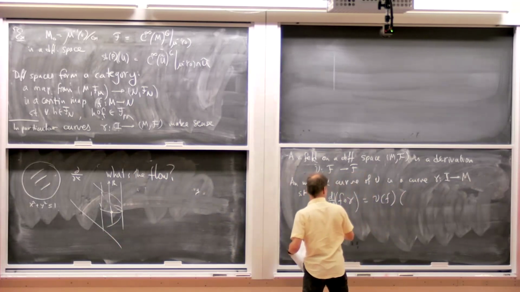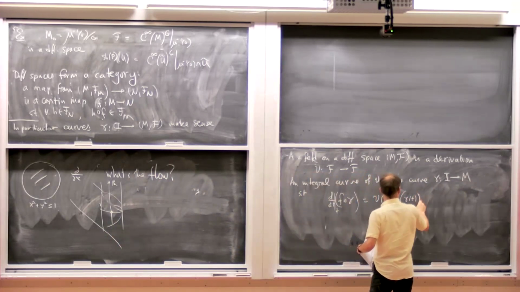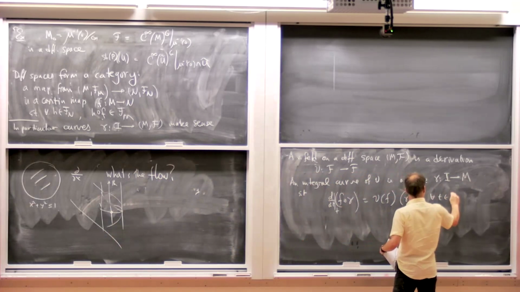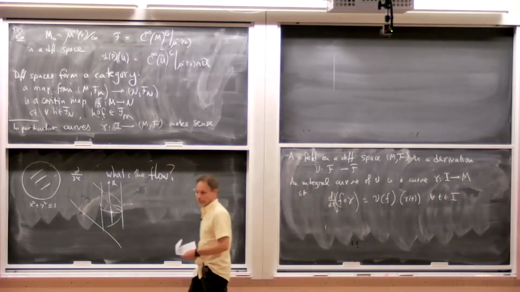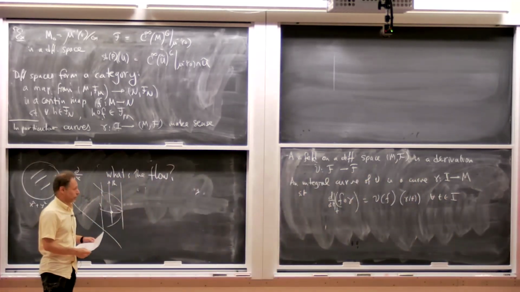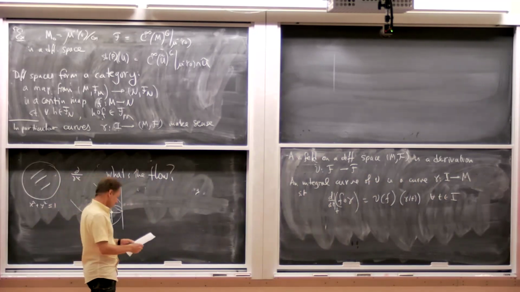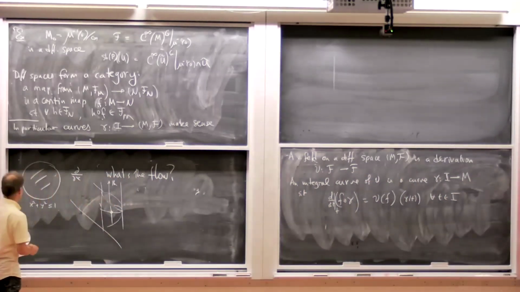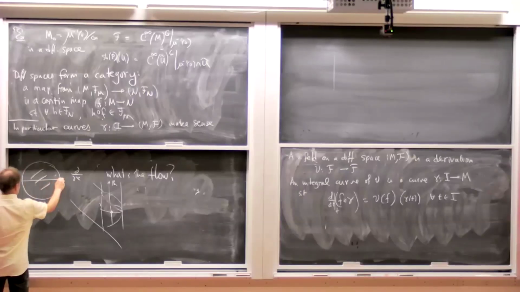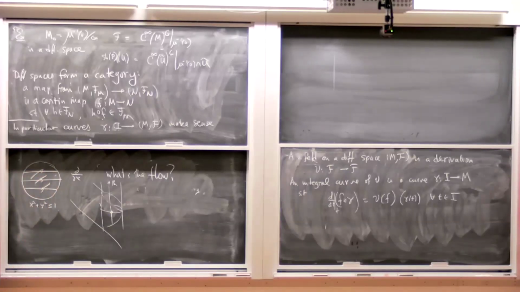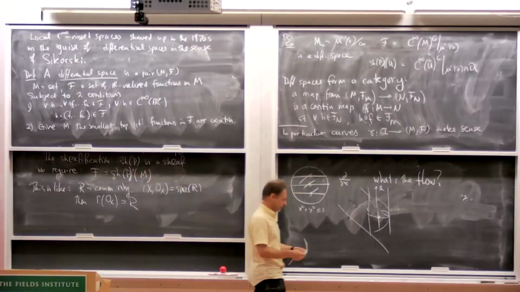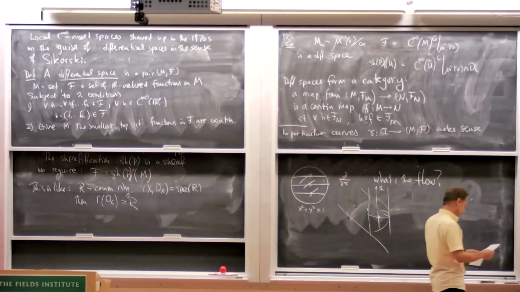So that kind of makes sense. So in this example, the integral curves are going to be things like this. And they will go from a closed interval to a disk. And they're going to be smooth maps. These are maximal integral curves, right?